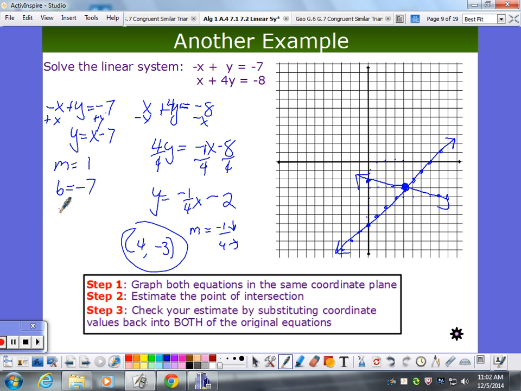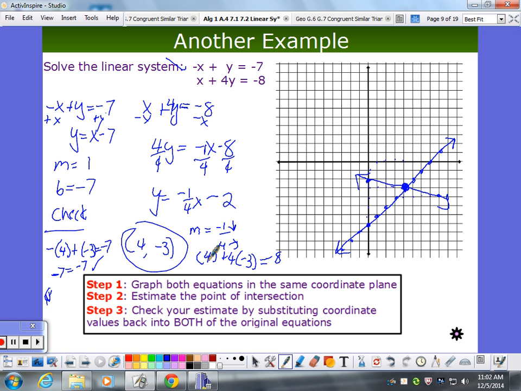No, you gotta check your work. Check it. Plug 4 and -3 into that. Negative x plus y equals -7. Is that true? It's -4 plus -3. Okay, number compared to number. Works in this one. Let's try that guy. x plus 4y, so 4 plus 4y equals -8.